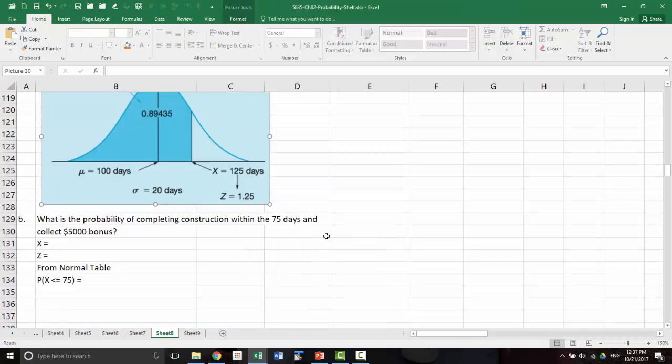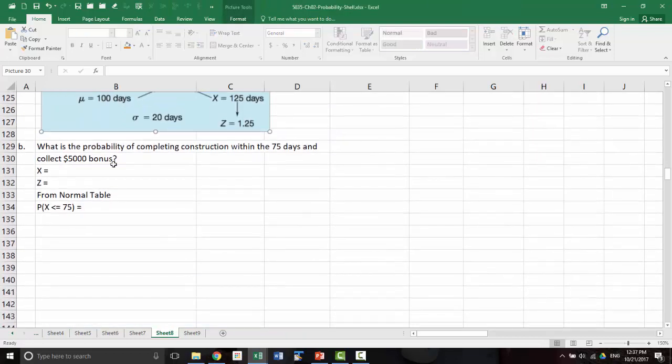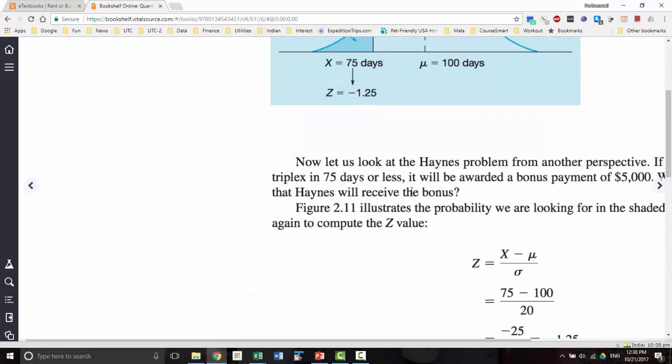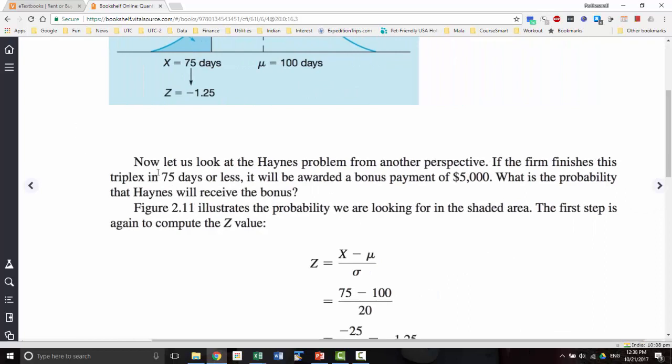Let's put it there. Now the next question is, what is the probability of completing the construction within 75 days and collecting a bonus? The problem states that if the firm finishes its triplex in 75 days or less, it will be awarded a bonus of 5,000.